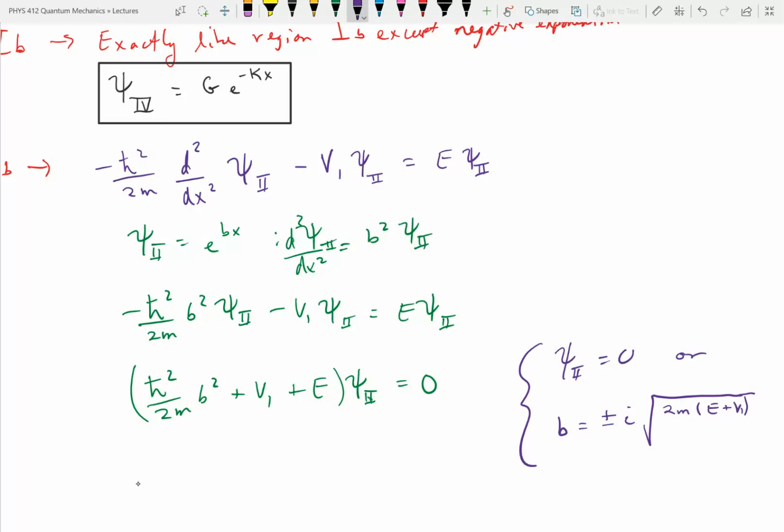Because V1 is a positive value, E is a negative value, but V1 is a bigger value than E. So there was a negative sign.